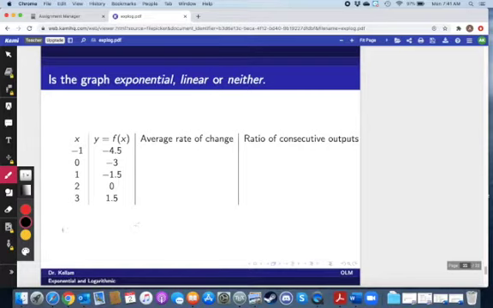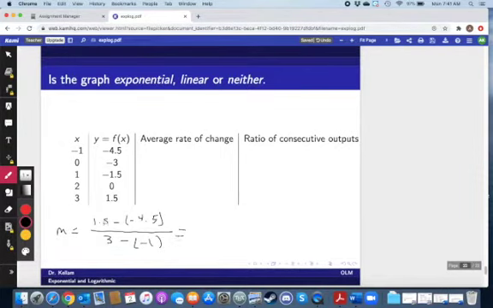Our average rate of change is essentially the slope, but it's the slope between our two endpoints. So 1.5 minus negative 4.5 divided by 3 minus negative 1.